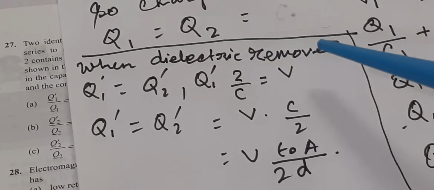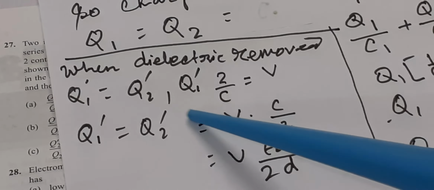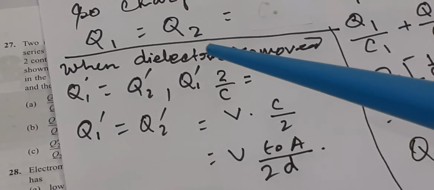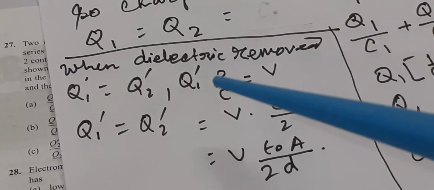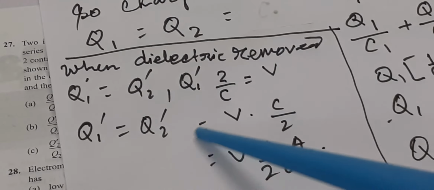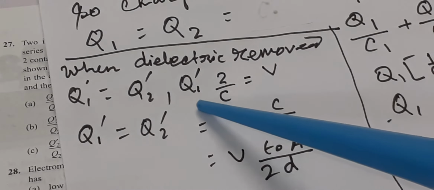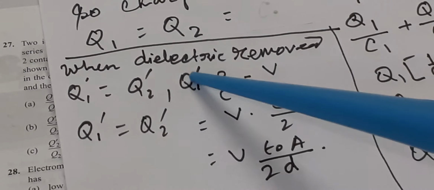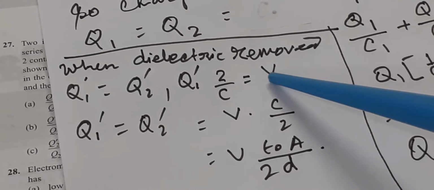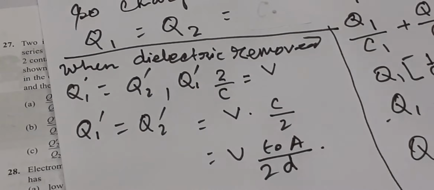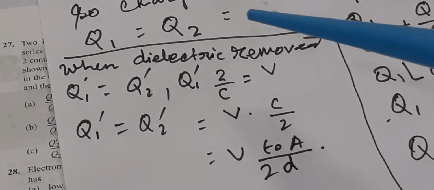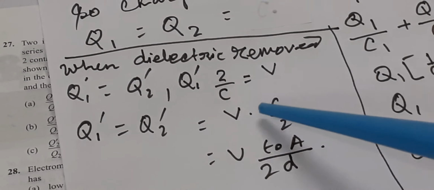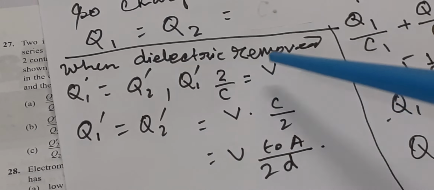Charges will remain the same because they are in series. So the total capacitance will become C by 2, and Q1 dash divided by C by 2 equals V, the total potential drop across the capacitors. Then Q1 dash equal to Q2 dash equals V into C by 2.